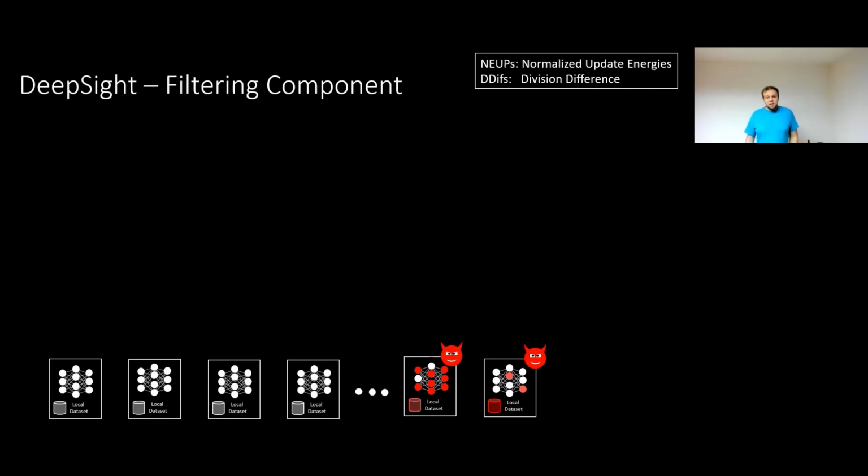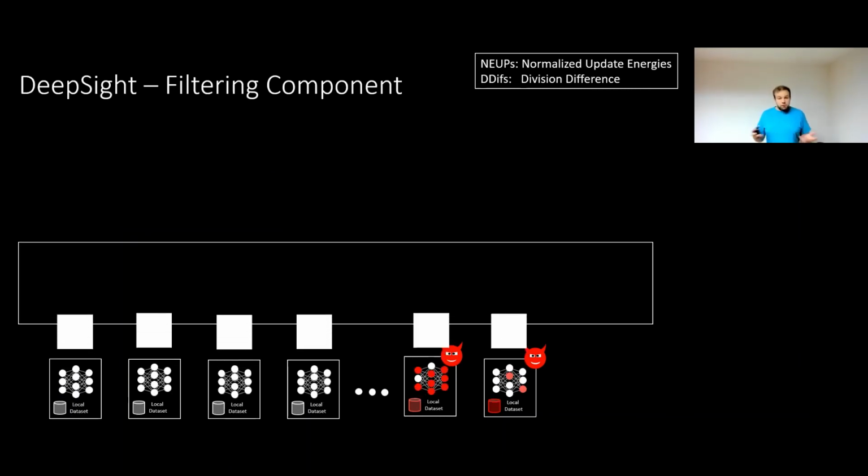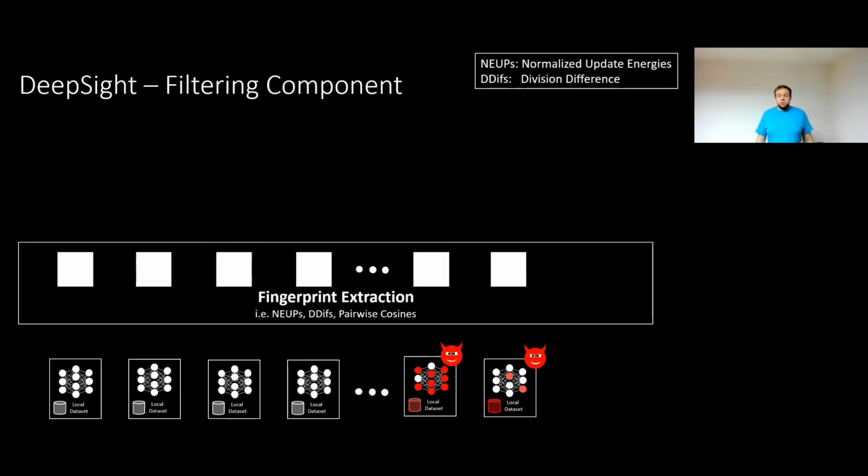So DeepSight now just receives the model updates and then extracts all these features. For each model, we have the NOIPs, the DDIFs, and as a third metric, we also calculate the pairwise cosine similarities, therefore the cosines to all other models.